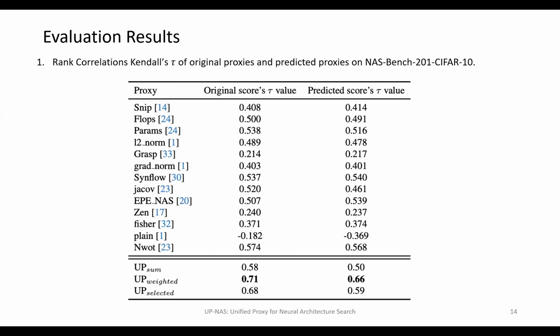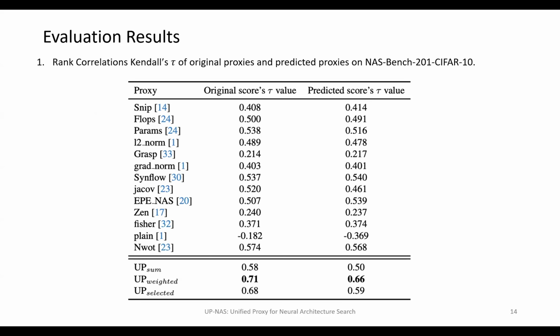We have also used our MLP, multi-layer perceptron, to find an approximation of many existing zero cost proxies. By combining that, we do the gradient ascent to find the architecture in the embedding space.